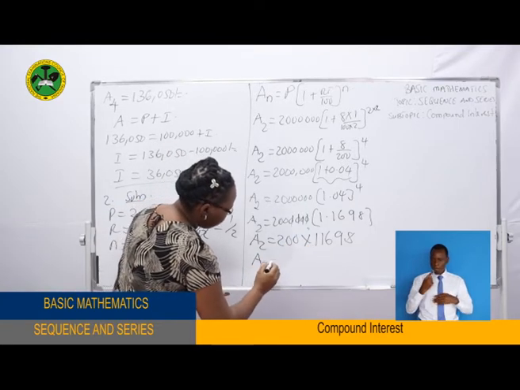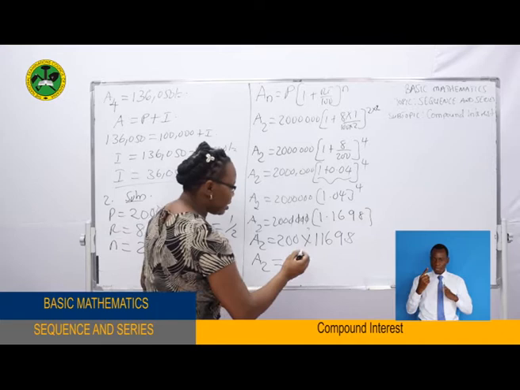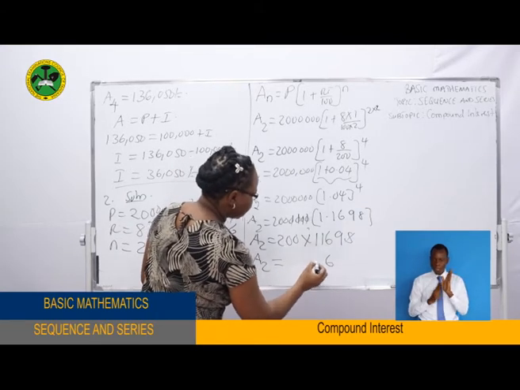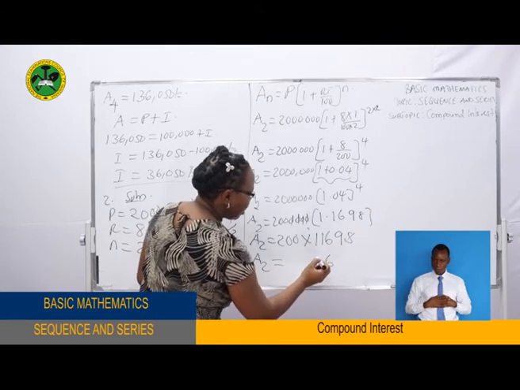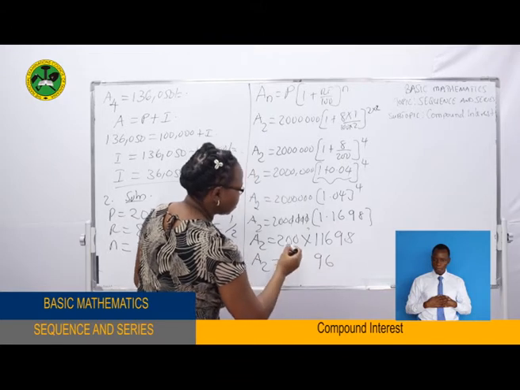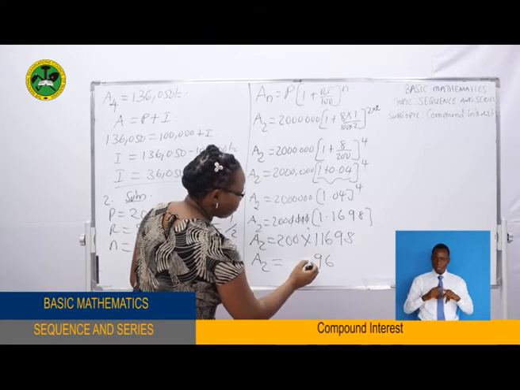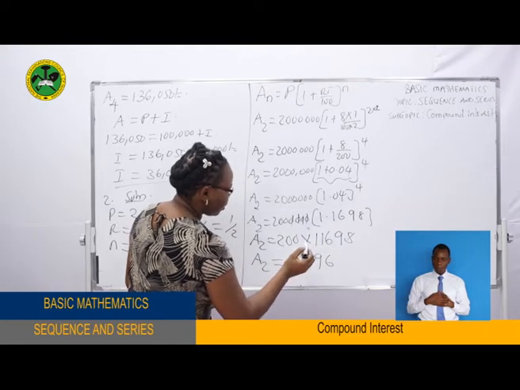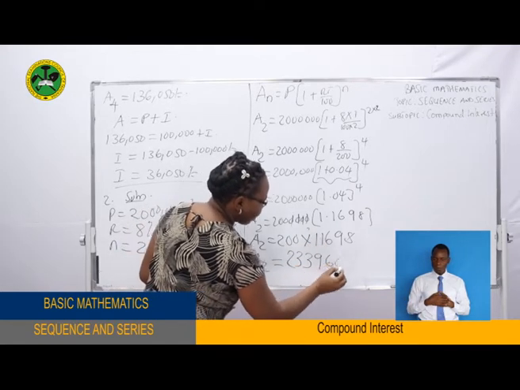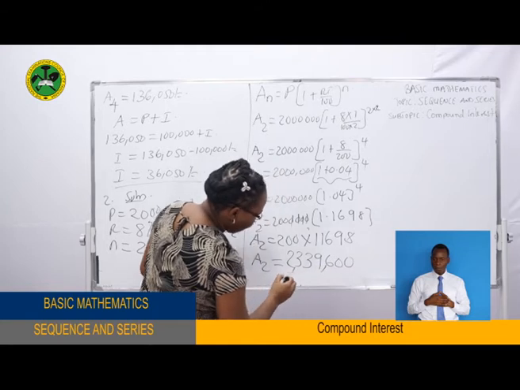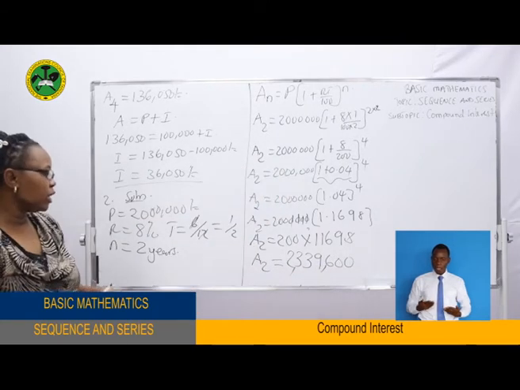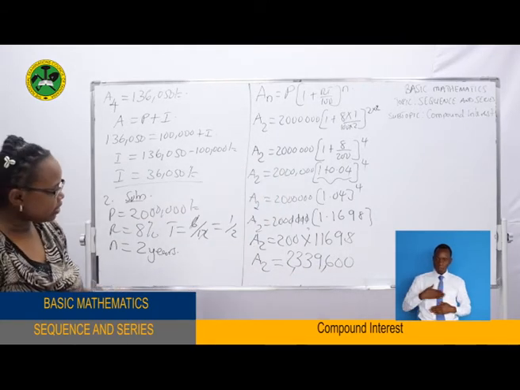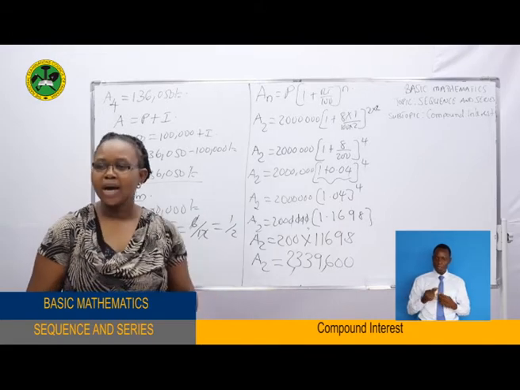Then we multiply this number. The amount at the second year will be: 2 times 8 is 16, 2 times 9 is 18, plus 1 is 19, 2 times 6 is 12, plus 1 is 13, 2 times 1 is 2, plus 1 is 3, 2 times 1 is 2, then you have 2, 0. Then our amount is 2,339,600.